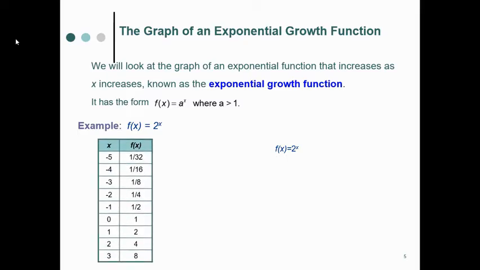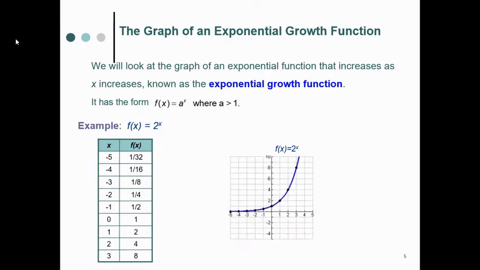So notice on this table, if we are with negative numbers, then our f of x values, our y values, are fractions. When the exponent x is 0, it changes everything to 1. And then as x gets bigger, 1, 2, 3, our values also become larger.